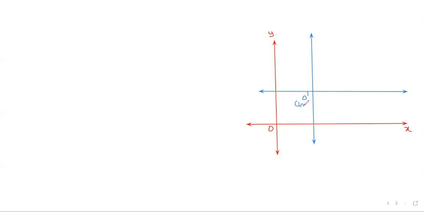The origin coordinates are 0 comma 0, and O dash is h comma k. This is the capital X new axis, and capital Y is the new Y axis. Here OX is the original X axis, and O small y is the original Y axis.